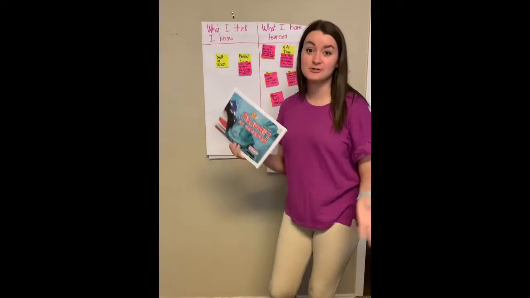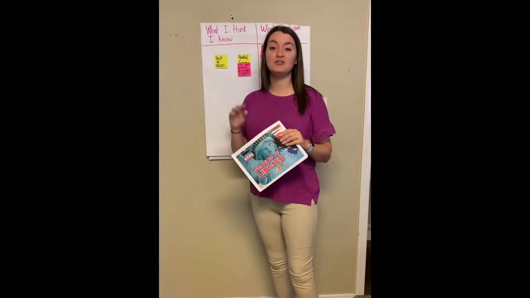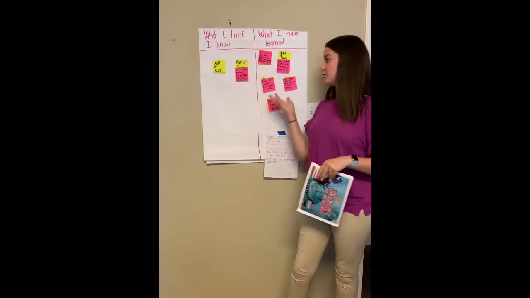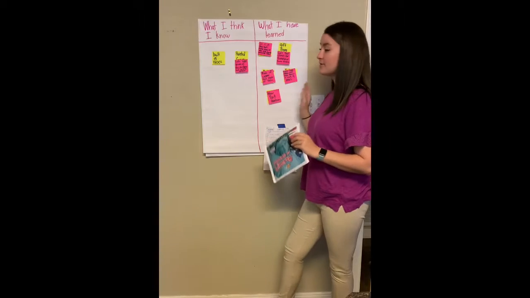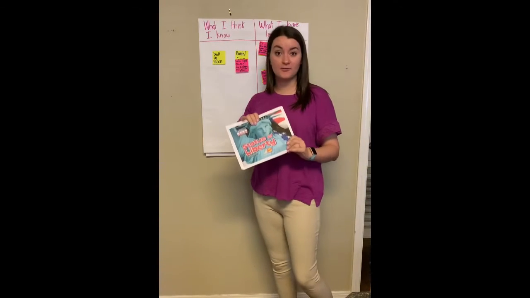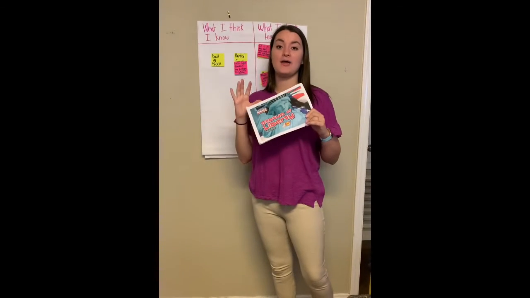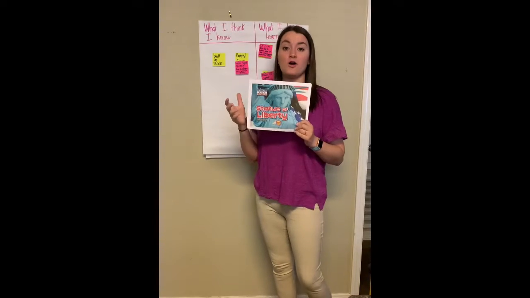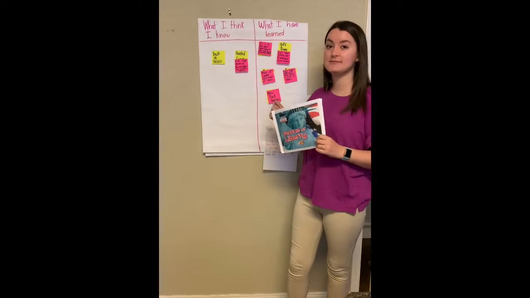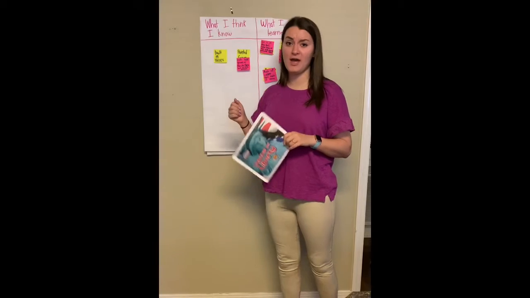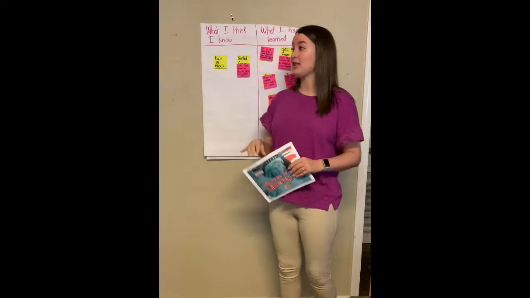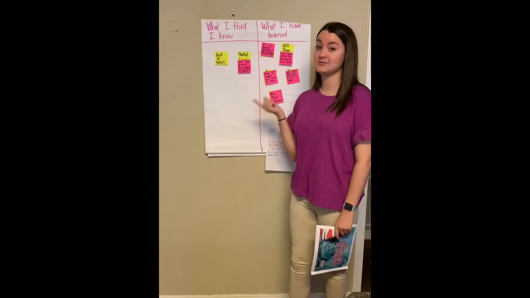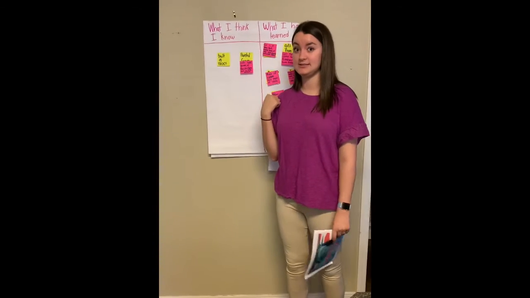I'm not sure which topic you chose, and you created your own little chart, similar to mine. And you were able to read a text, and figure out things that you are learning, and correct maybe some misconceptions that you had. And that is okay if you have any misconceptions, because like you see from my sticky notes, I clearly had some misconceptions too.